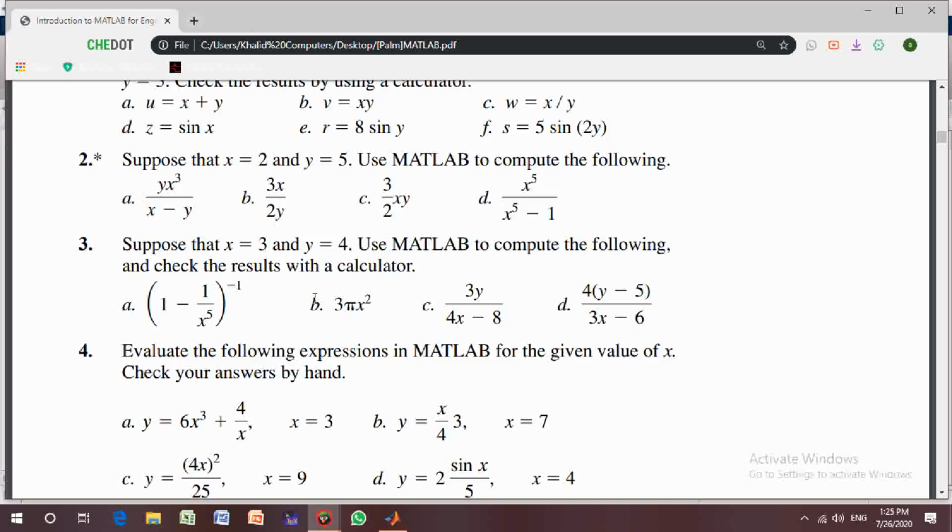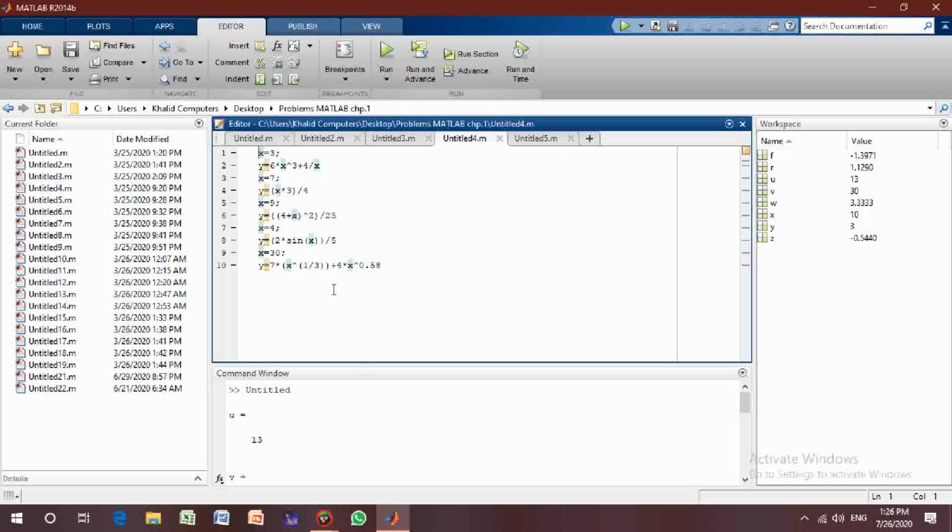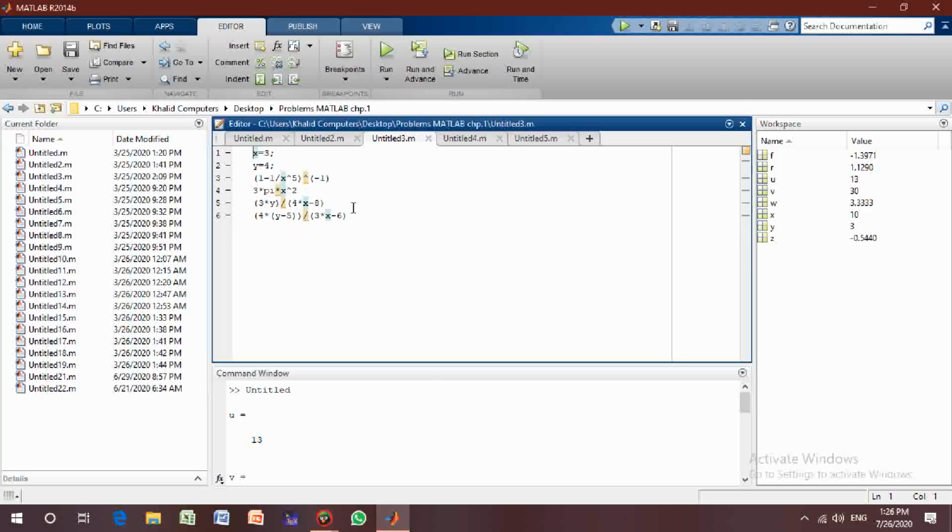Suppose that question number 3, suppose x is equal to 3 and y is equal to 4. Use MATLAB to compute the following, check results with the calculator. A part is equal to 1 minus 1 over x raised power, whole power is minus 1. We check. Yes.